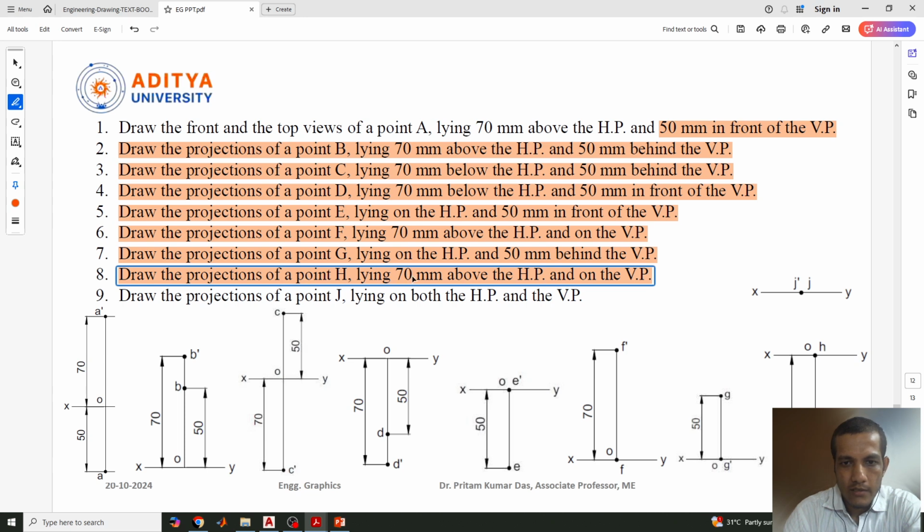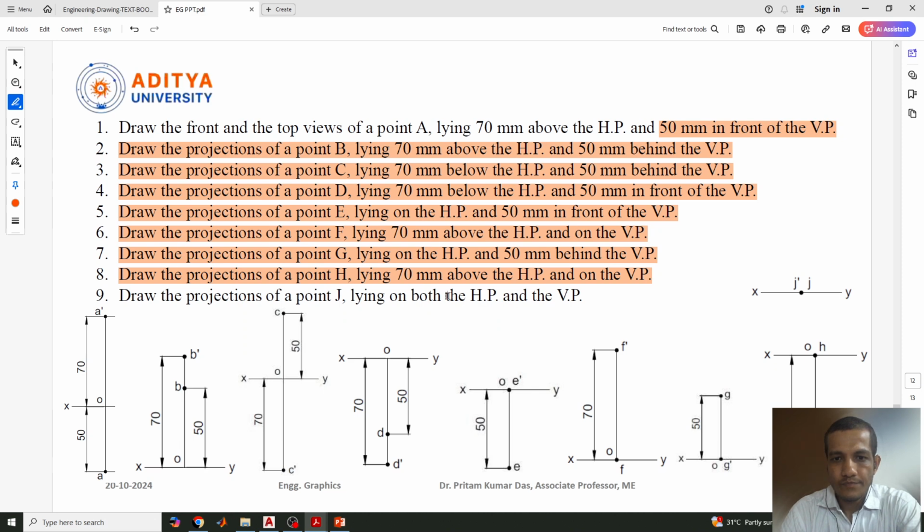Point H 70 mm above the HP on the VP. Actually this should be okay. Sorry, it is given on the HP, the VP should be reversed actually. Anyway, we will see.